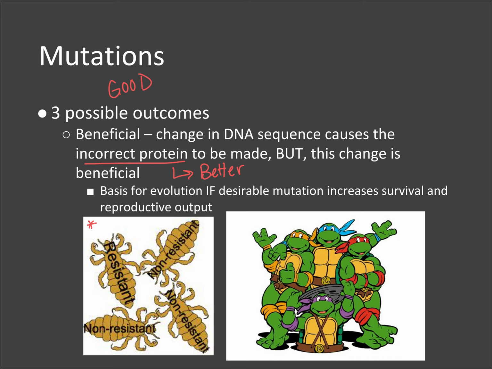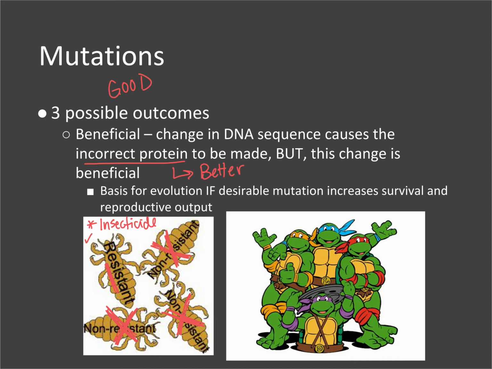Let's say that this resistance refers to being resistant to insecticide, like a bug spray. So if you have these bugs in your house and you spray it with Raid or some sort of insecticide, what's going to happen is that the individuals that don't have this beneficial mutation are going to die. But the individual that has this beneficial mutation is going to survive.